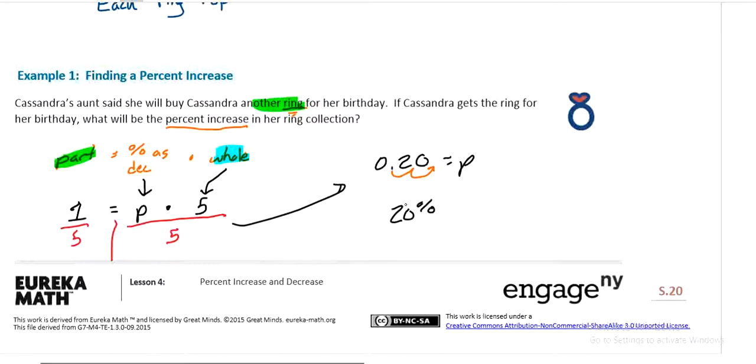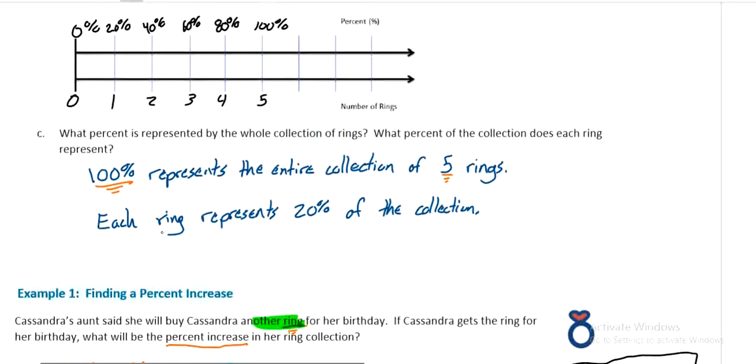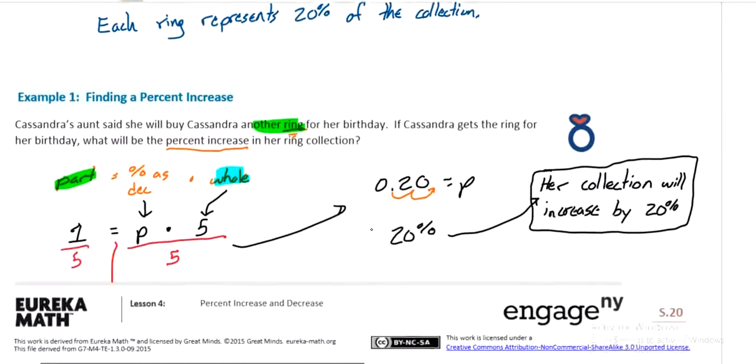So if she gets one ring for her birthday, her collection will increase by 20%. Which makes sense because she was receiving one ring, and we know that each ring represents 20% of the collection.